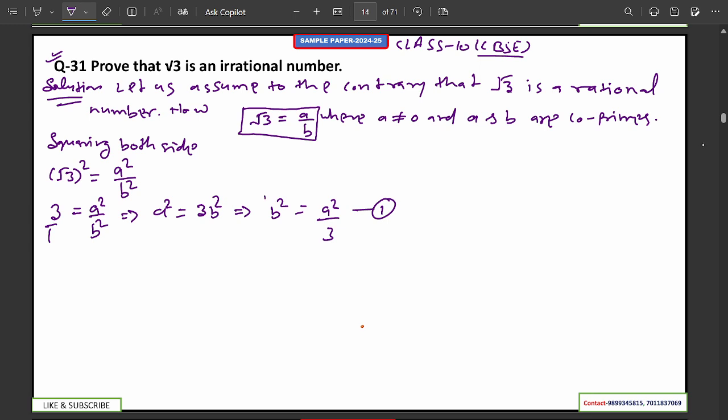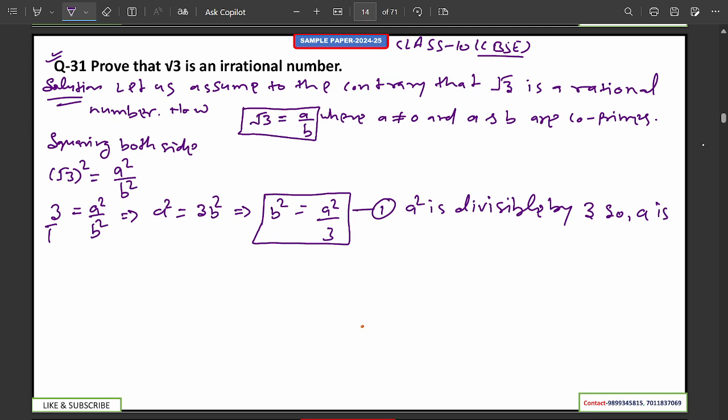From this relation we can write that a square is divisible by 3, so a is also divisible by 3.